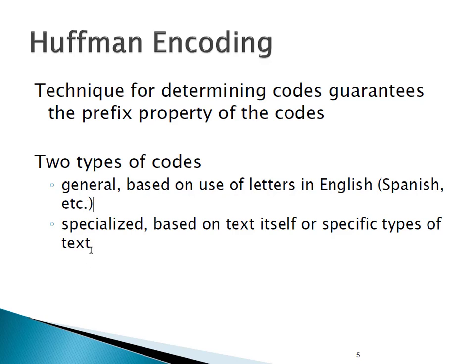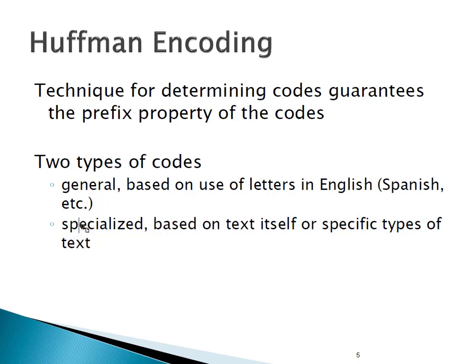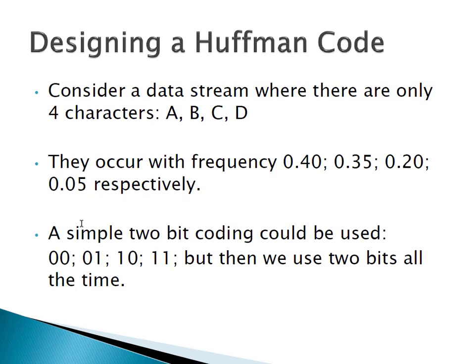You can do the same thing with specific words. If you have a textbook full of words, you can assign Huffman codes for that. Now, I'll leave you to think about the advantages and disadvantages of doing this with either words or characters.